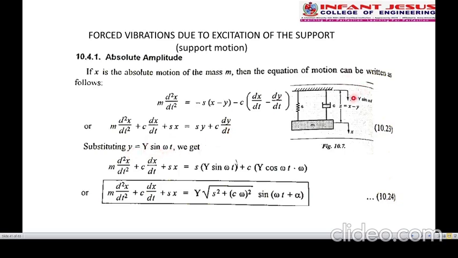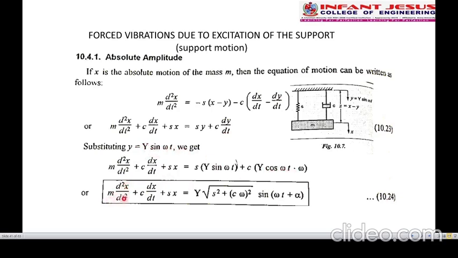Left hand side you keep as it is. Right hand side, s into y, substitute y here: s Y sin omega t plus c into the differentiation of y. Y is constant, so it is Y cos omega t into omega.